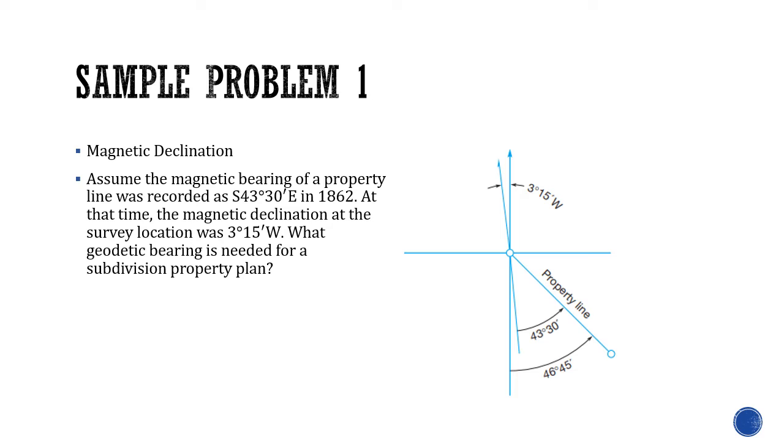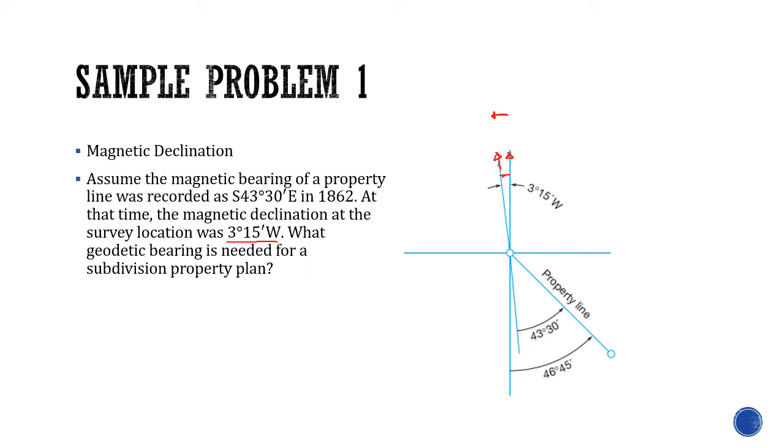So at that time, the magnetic declination at the survey location is 3 degrees 15 minutes west, meaning yung magnetic north ay 3 degrees 15 minutes west of the true north. Okay, ang sinasabi nito is the declination of the north, ha? Ganun binabasa ang magnetic declination. Okay, so makikita mo dito, nasa west side siya.